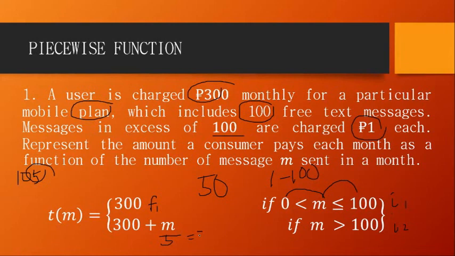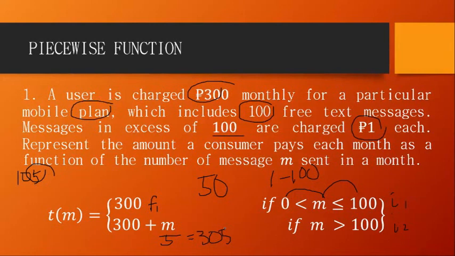Kaya ang total na babayaran mo dyan is 305 pesos. Tama? So, ganun po yung plan. Ganun sila nagka-compute kung magkano yung binabayaran mo. Sa plan, sa wifi, sa fare, or kung ano mang billings yan. Usually, ginagamit talaga yan sa billings, yung piecewise.